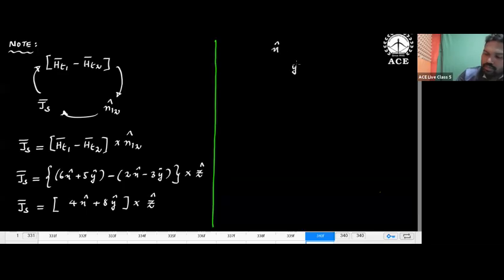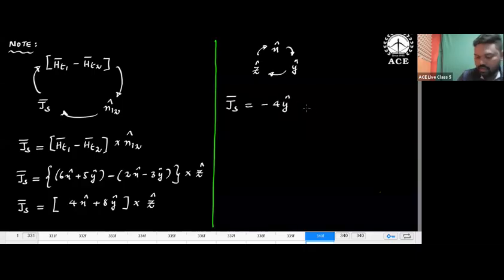Here it is x cap, y cap, z cap. So what is this JS? X cross z is minus, it is minus 4y cap. Y cross z is x, so here it is plus 8x cap. So the JS is equal to, put it in order, 8x cap minus 4y cap. Units are ampere per meter.